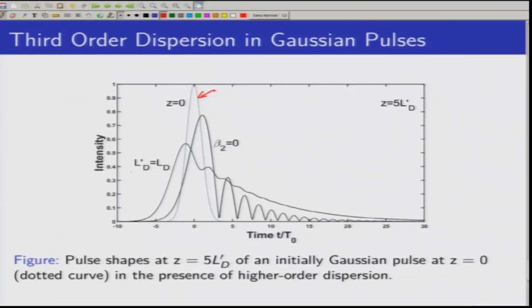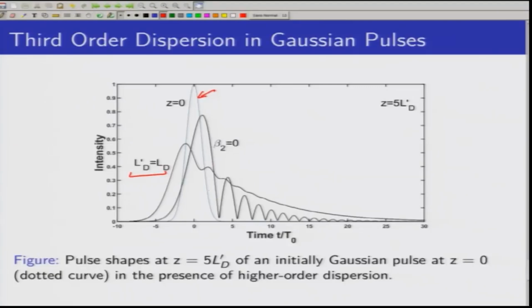And when we take both effects, beta 2 and beta 3, and make them comparable, where the second order dispersion length is equal to the third order dispersion length, we will see that the pulse broadens a lot because of the beta 2 parameter, as we saw previously, and the pulse also becomes asymmetric and distorts because of the third order dispersion parameter.